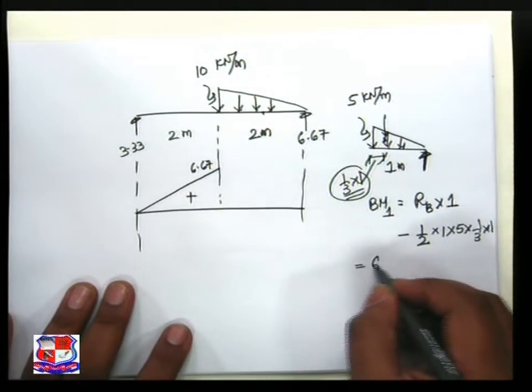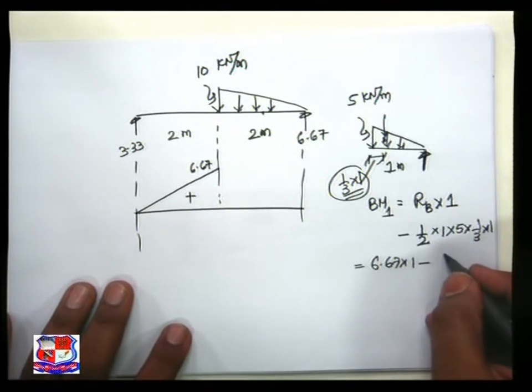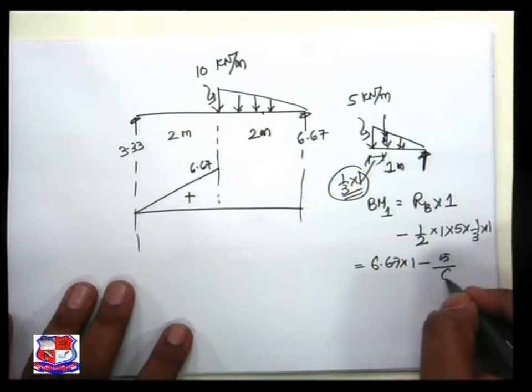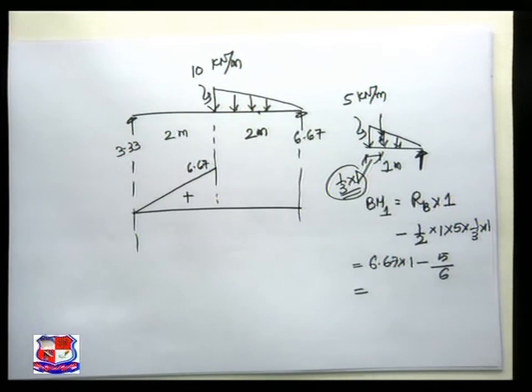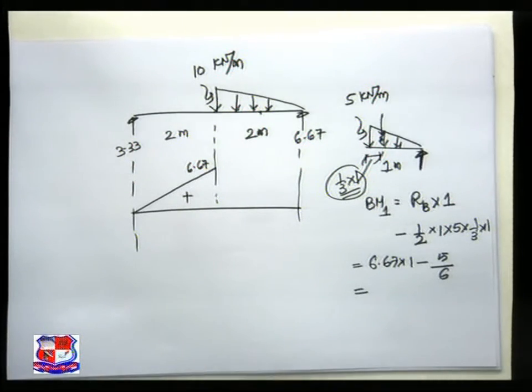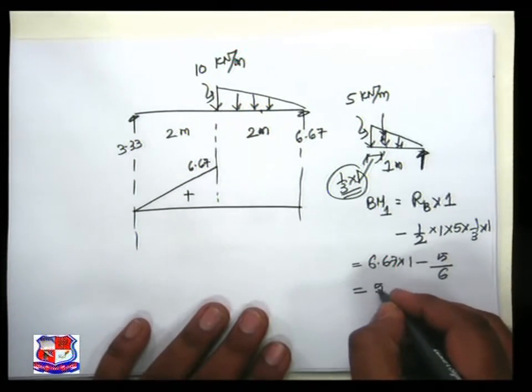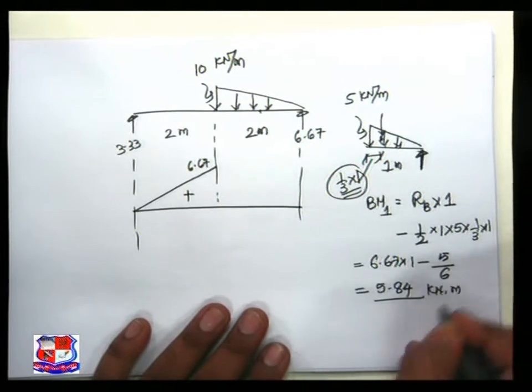So this gives me 6.67 into 1 minus 5/6, so we achieve 6.67 minus 5/6, which is 5.84 kilonewton meter.